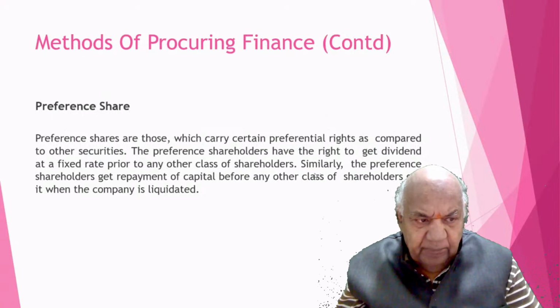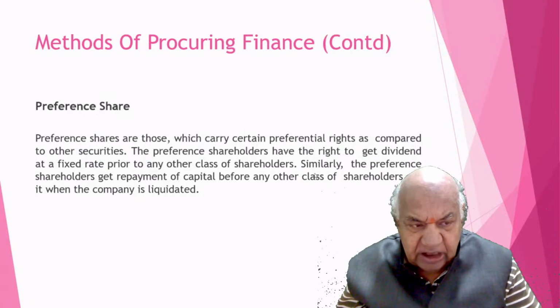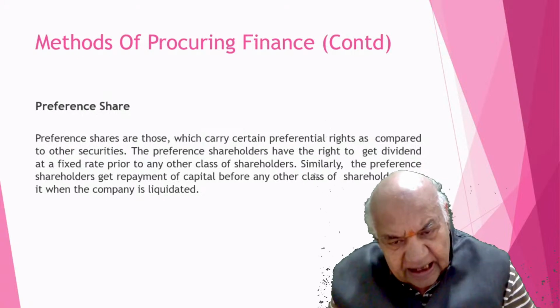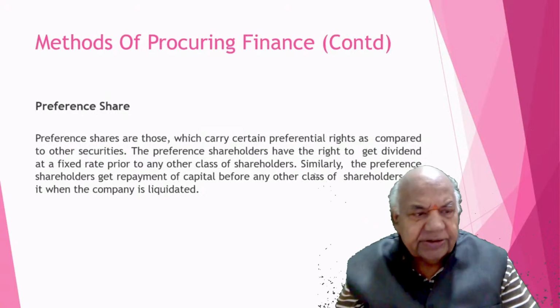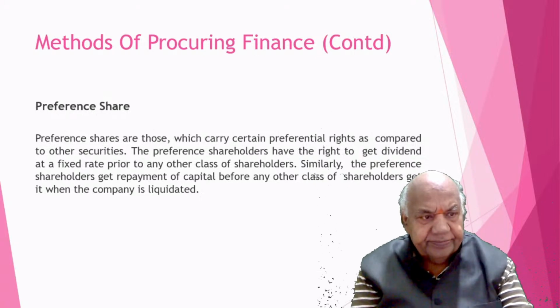Similarly, the preference shareholders get repayment of capital before any other class of shareholders, meaning equity shareholders, when the company is liquidated.